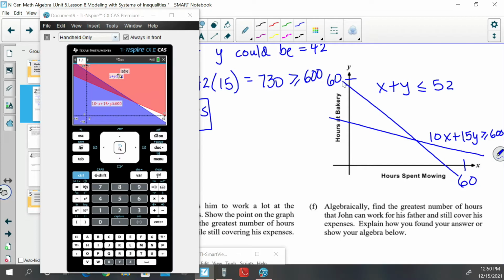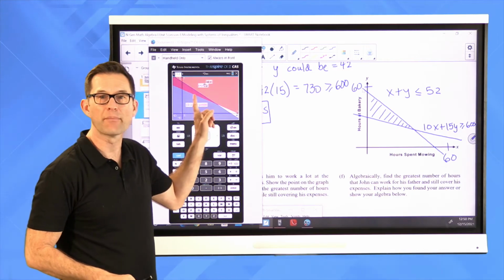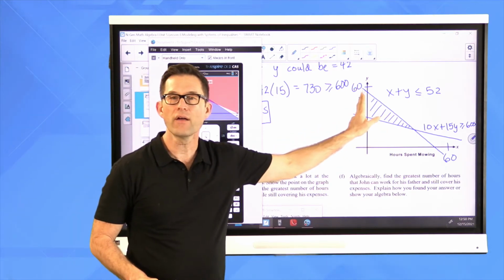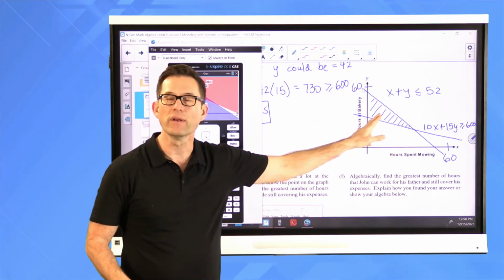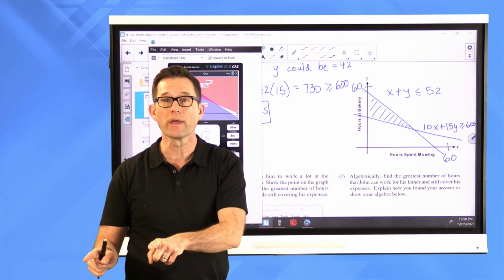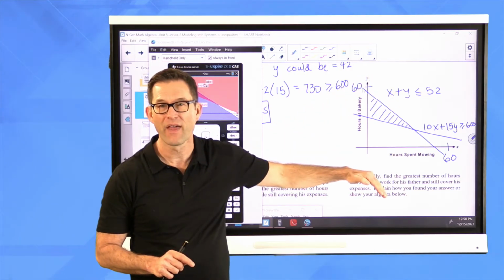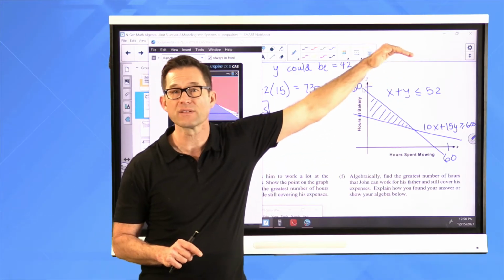The actual portion of the plane that is my solution set is right there. It's the portion that is overlapping right in there. So everything in here is my viable solutions. Any point in here is going to make it so that John is working less than or equal to 52 hours because it's below this line, and he's making greater than or equal to $600 because it's above that line.